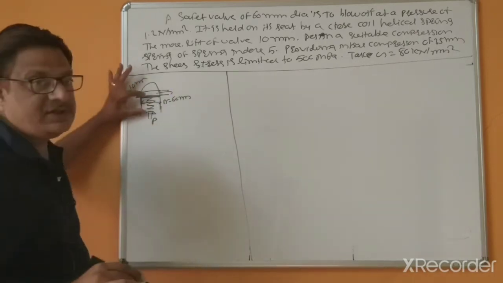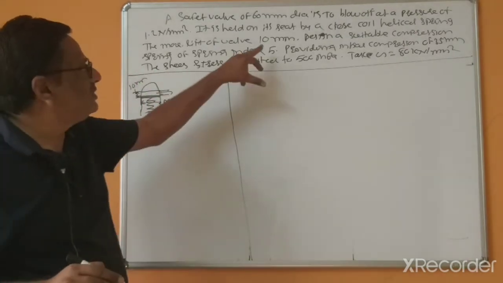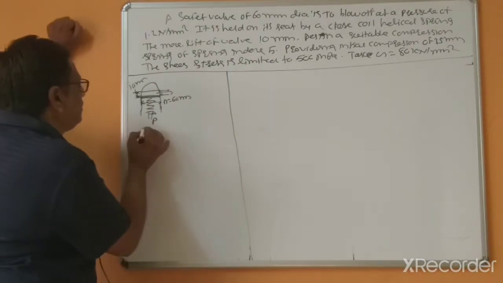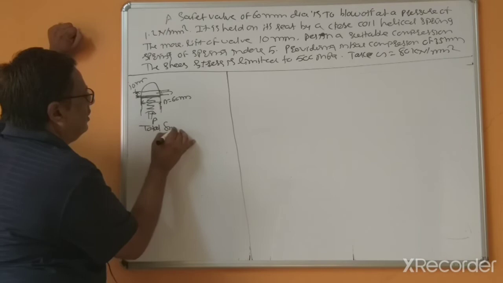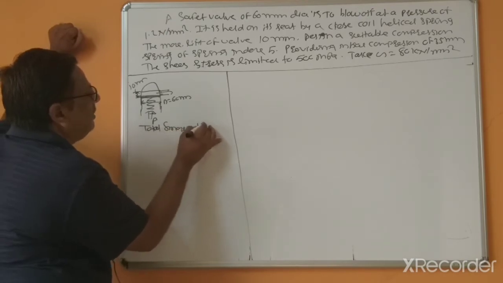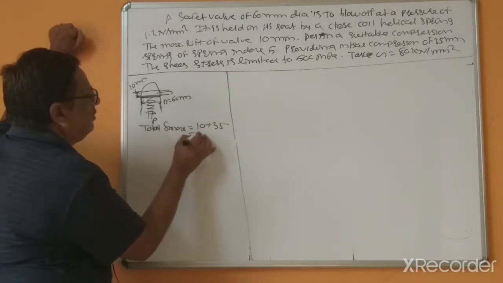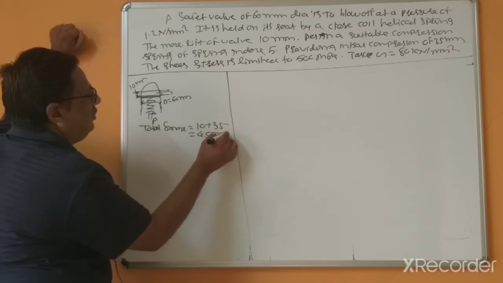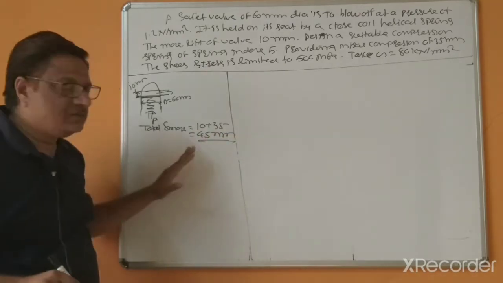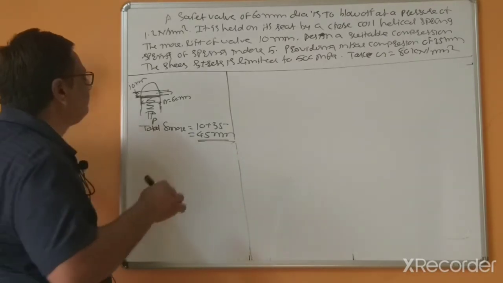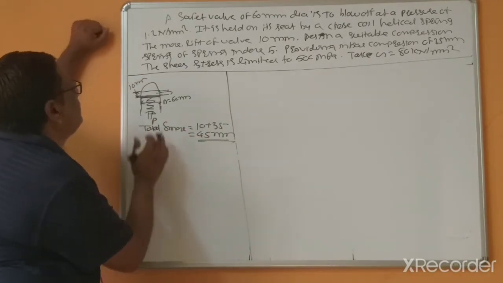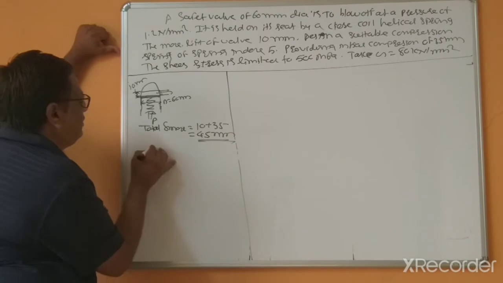But what is the initial compression? That is 35 mm. So that's why total delta max equals 10 mm plus 35, this is 45 mm. Try to understand this. Total 45 mm. So what is the pressure equal to?